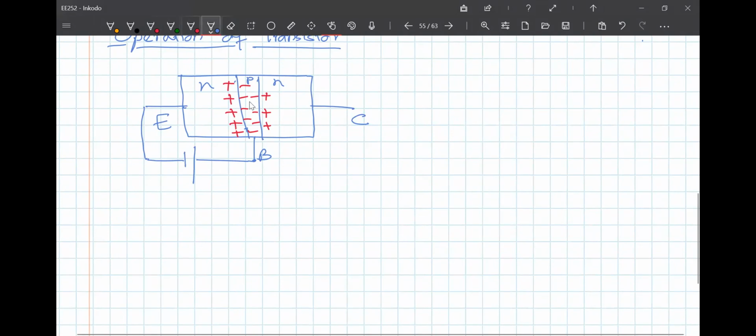So what happens here is that the electrons here can go here and combine with this positive layer, and these negative charges here can exit from here and get attracted to the positive plate of the battery. So the current will be in the opposite direction.